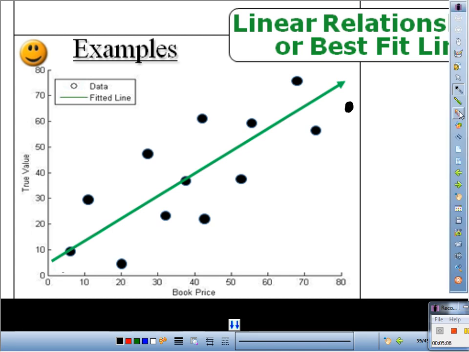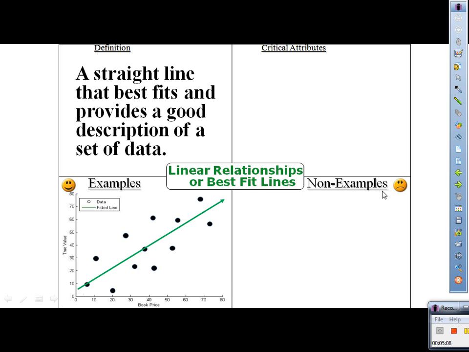All right, so now that we're done with that, pay attention to this part. So this is a best fit line. Let me show you what is not. I'm going to use the same data, same table, same graph, but let me show you what is not a straight, best fit line. Here it goes.